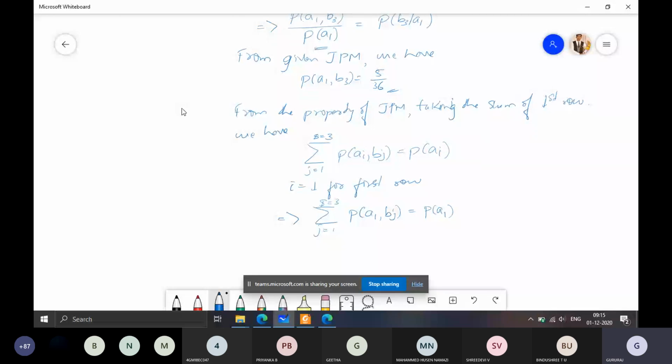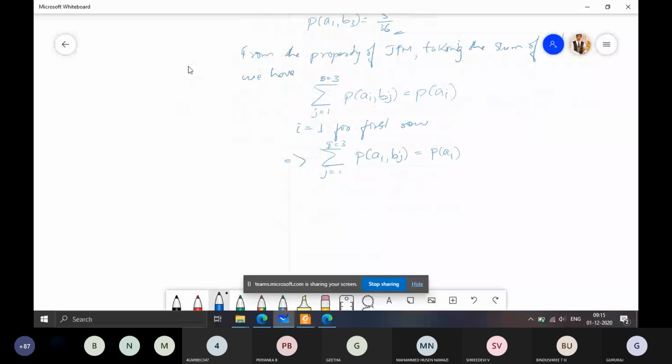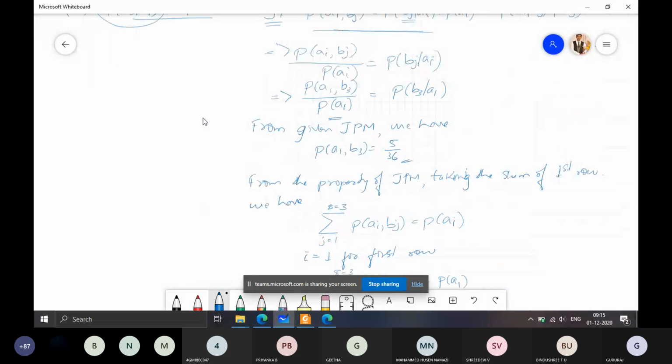Now substitute for the J terms. J is equal to 1 means P of A1 comma B1, plus J is equal to 2 means P of A1 comma B2, plus J is equal to 3 means P of A1 comma B3, is equal to P of A1. Now what is the value of P of A1 comma B1?